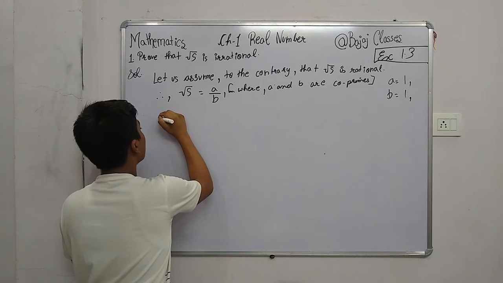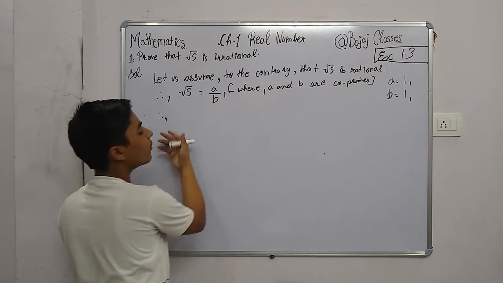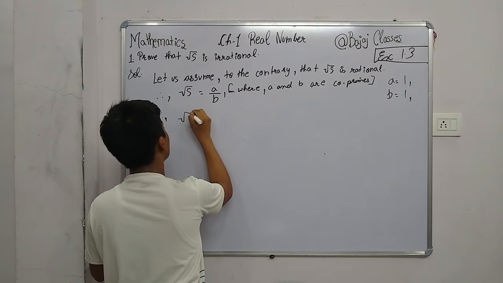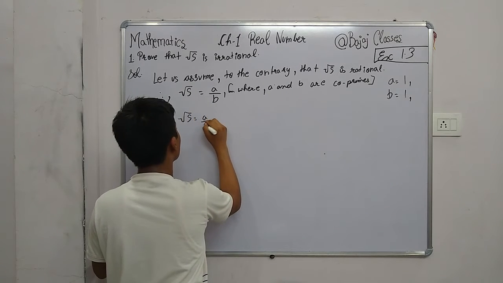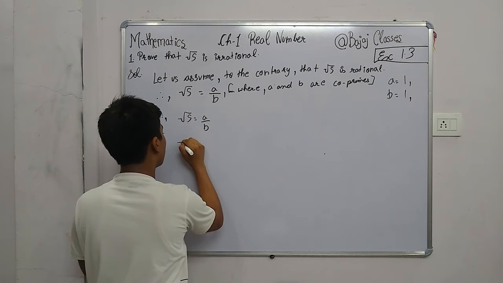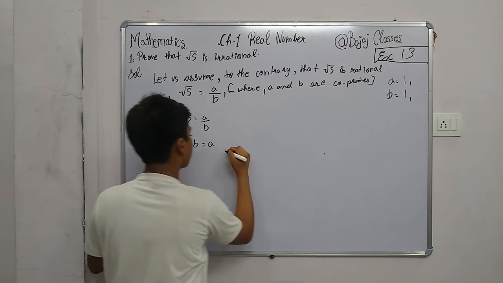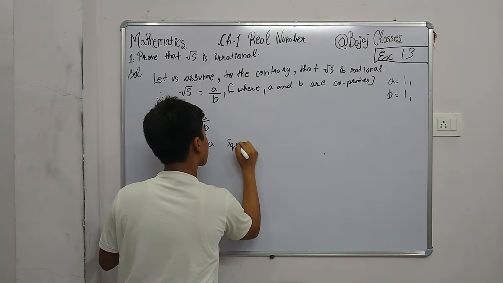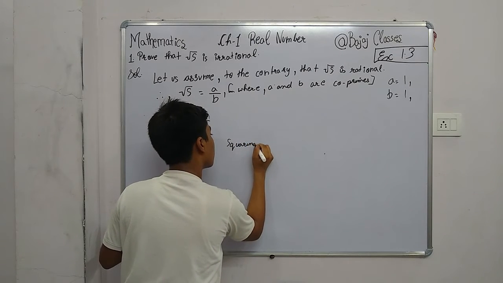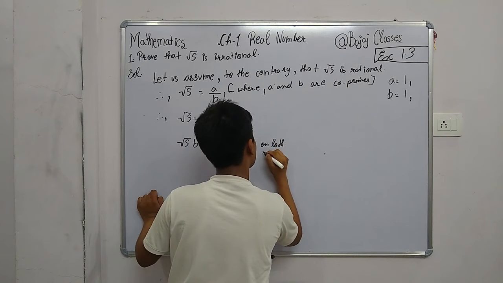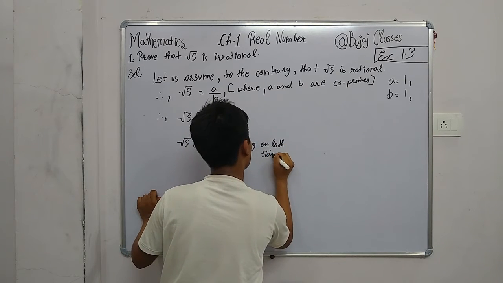So the third step. Under root 5 equals a by b. Now under root 5 b equals a. Now squaring on both sides.